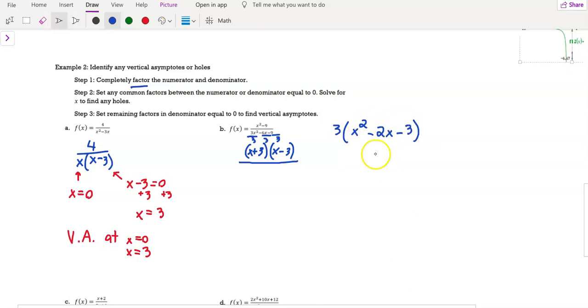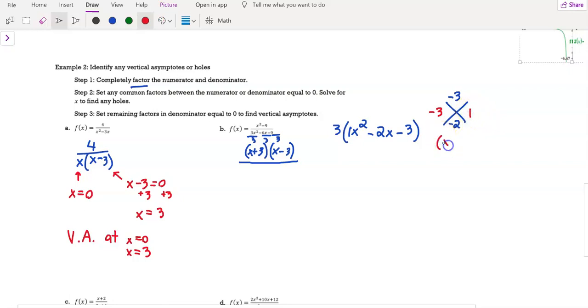Okay, now we can go ahead and factor this here. All right, remember we have our x. We want to multiply to our last times our first term, which is 1. So negative 3 times 1 is negative 3. Add to a negative 2. All right, so our factors should be a positive 3, or negative 3 rather, and a positive 1.